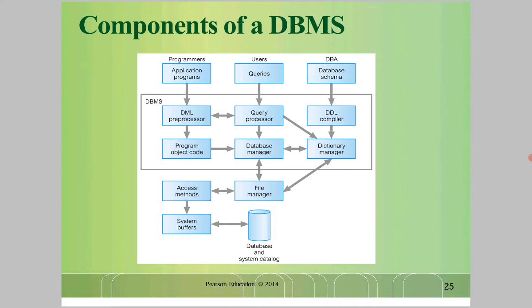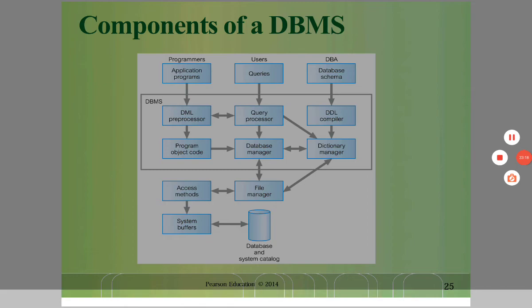So, what are the components? This is another important topic: the structure or architecture of the DBMS, or a block diagram of the DBMS engine. What are the different parts or components the DBMS engine contains?